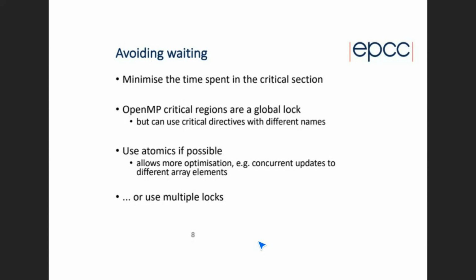It doesn't guarantee it, but most implementations are pretty good at implementing atomics. For example, as we saw in the example with the graph, with the degree of the vertices computation, using atomics permits concurrent updates to different array elements, whereas critical does not. Or, if atomics is not a good solution, we might get into using multiple locks instead.